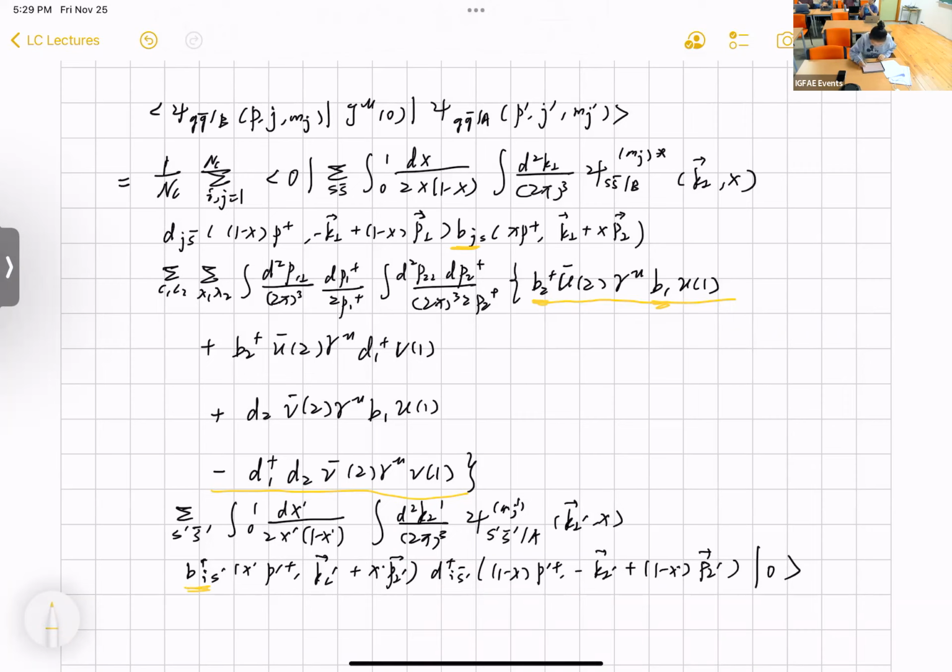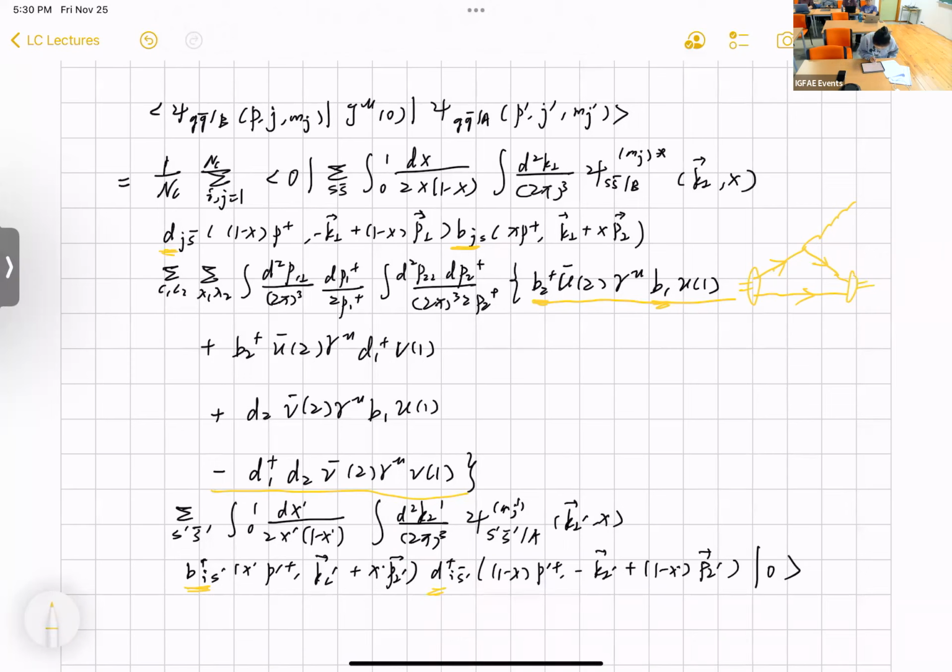This actually corresponds to the process in which the photon is coupled to the quark line, right? And what is left with the D is that the D in the B meson needs to contract with the D dagger in the A meson, meaning that the antiquark is just a spectator. That's what this term means.